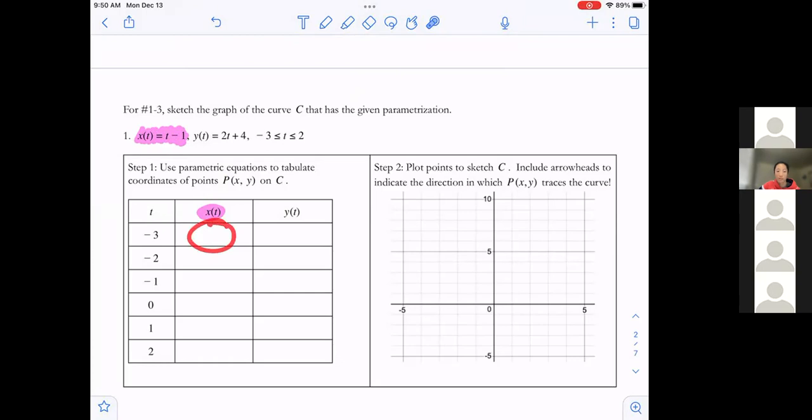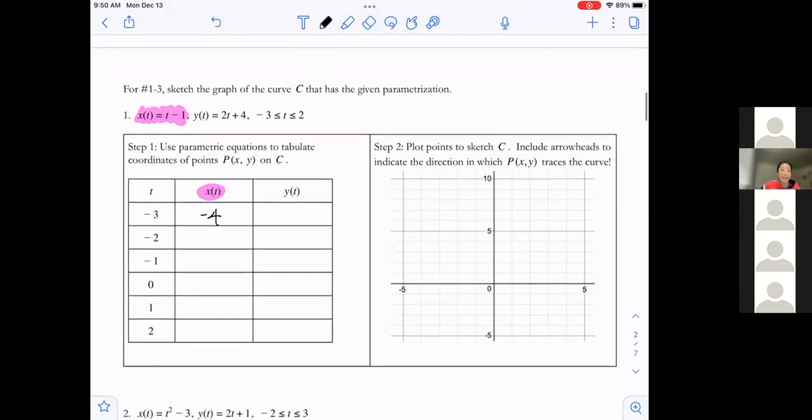So what do we put here? When t is -3, what is x of t? All right, -4. Great. Other folks chime in, help me fill out the table all the way down this column, right? What are we going to put in for our x of t's all the way down that column?